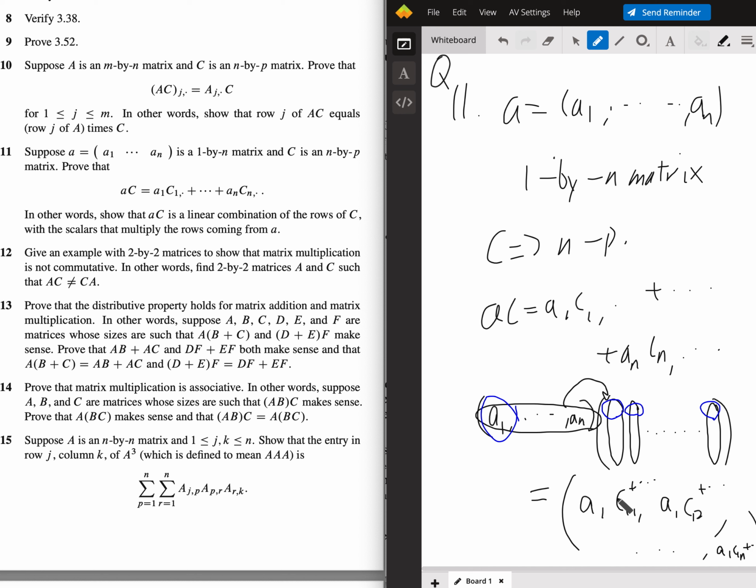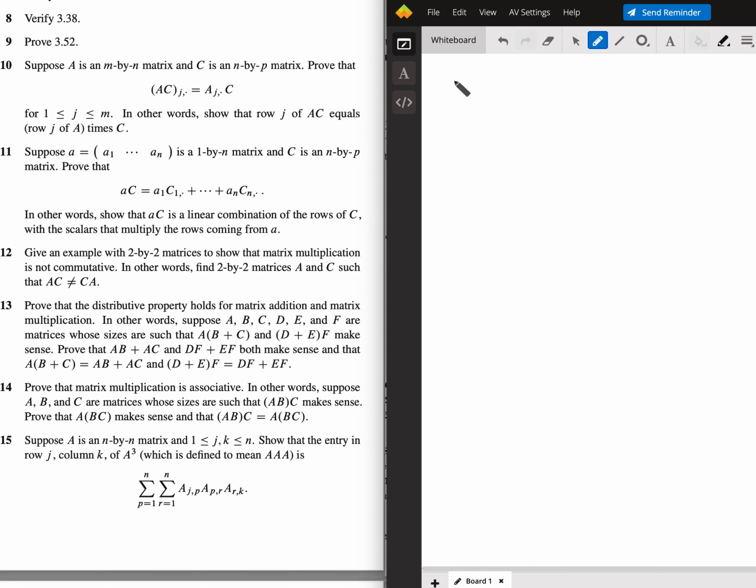So then you know that you can factor this A1 out. It's just A1 times the first row of C, because this is the first row of C, then plus A2 times the second row, and so on. It's heavily intuitive. I won't go through the exact notation with summations and all that, but I think the idea is very clear.